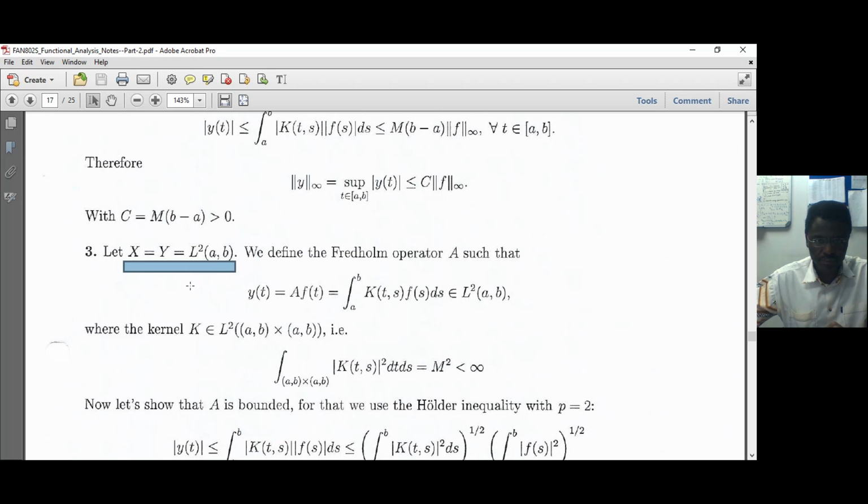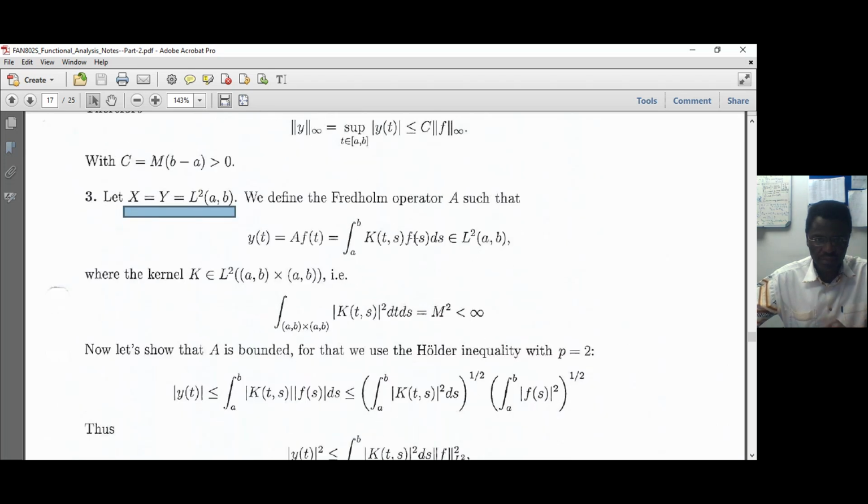L2 [a, b]. The operator is defined in the same manner, and the kernel is now assumed to be L2. If it is L2, it means that it is square integrable. If we compute this integral, which we denote by m squared, and it's finite, it equals a number.